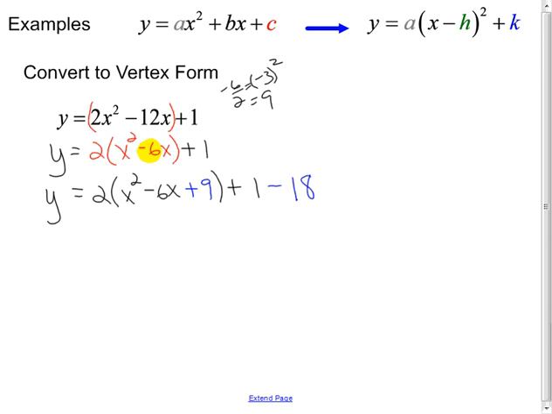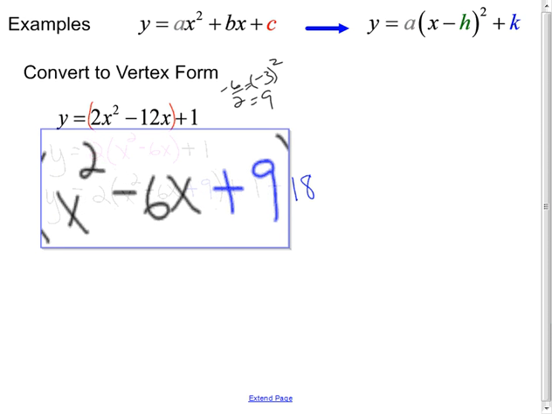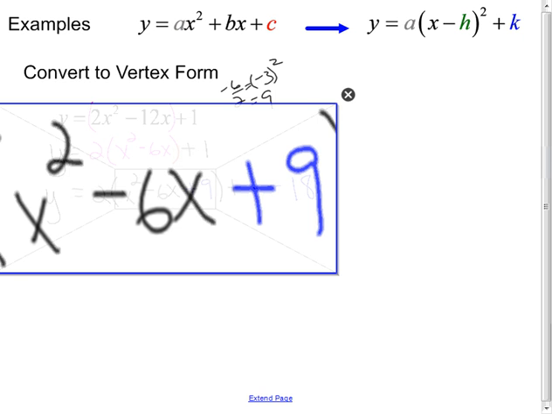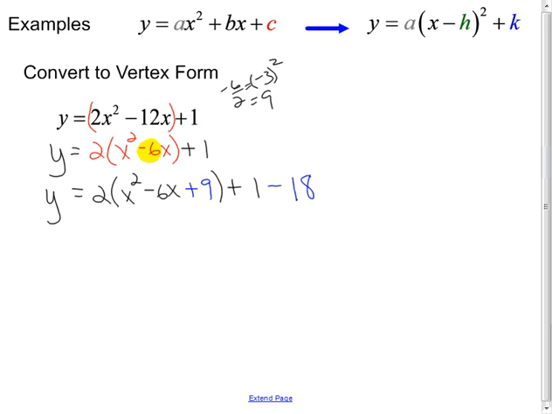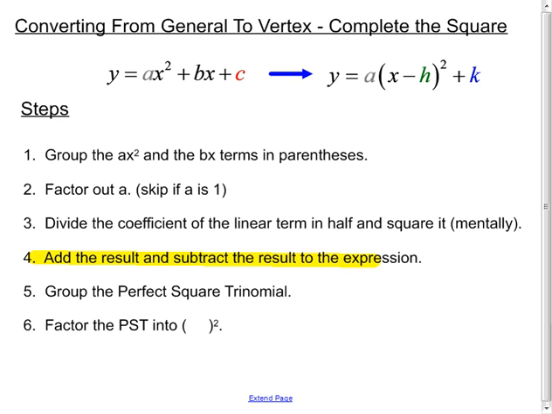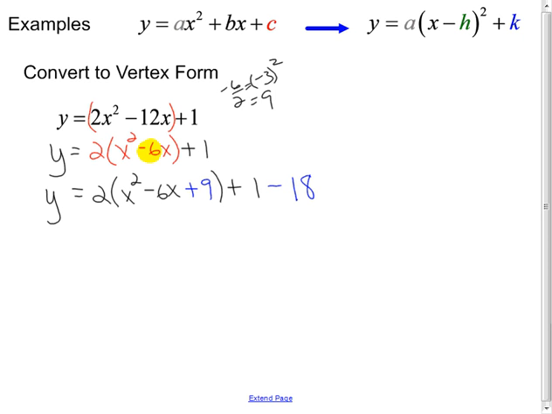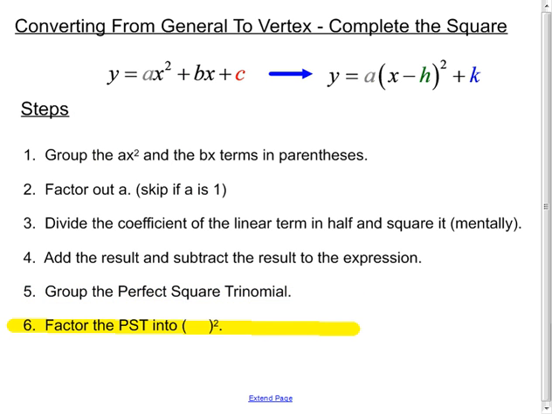Well, if you're sitting there saying you haven't really done anything, why bother to do it? It has to do with this expression I've created right here. That's a very special expression. It's a perfect square trinomial. And my next step says to group the perfect square trinomial, and I have it in parentheses. And then I'm going to factor the perfect square trinomial.